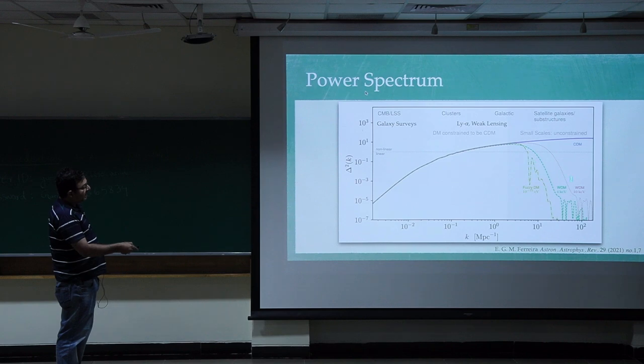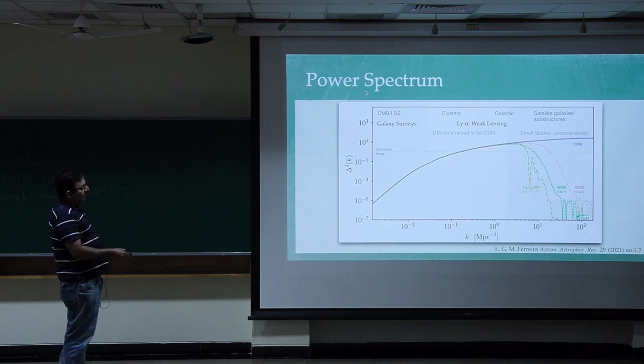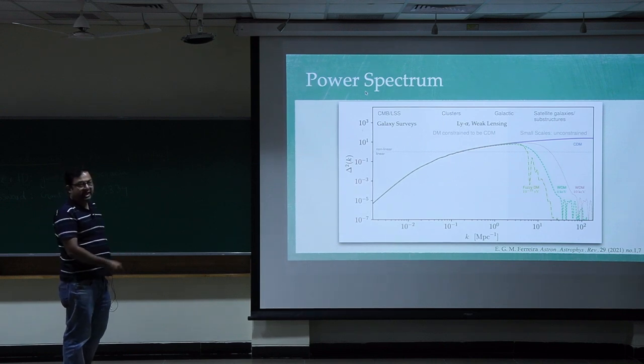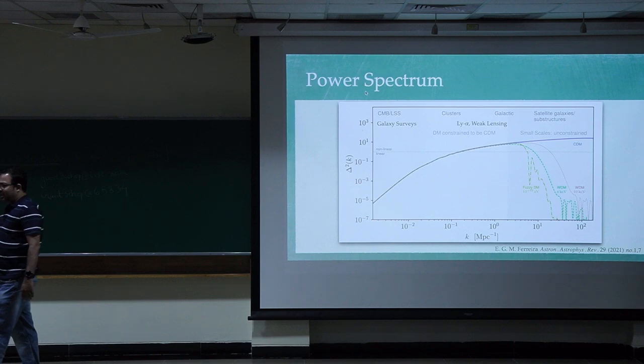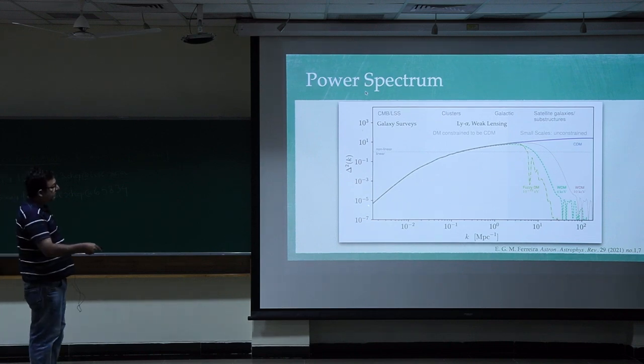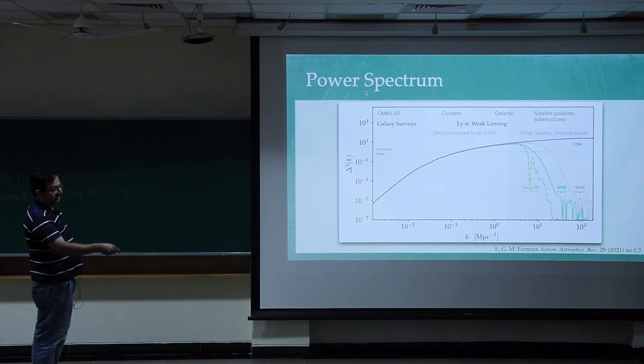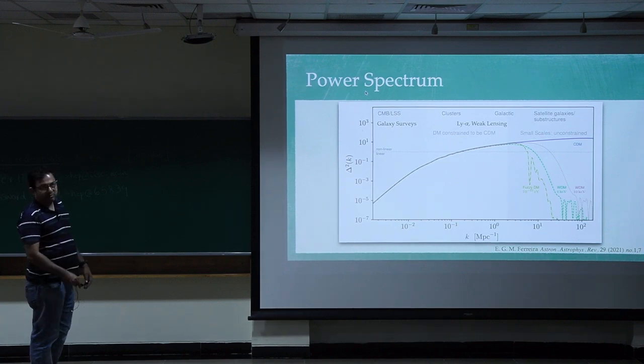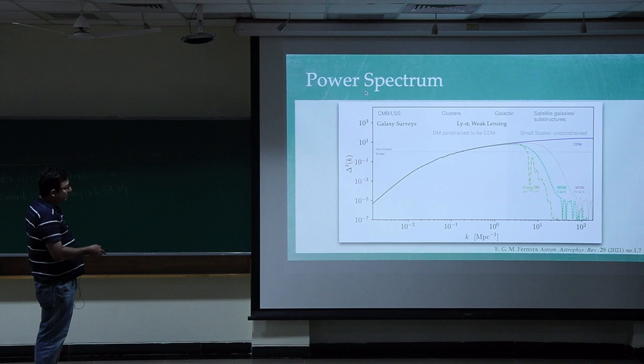So this is the scale where you can think of situations beyond cold dark matter. For example, warm dark matter, fuzzy dark matter, and all these things can produce some deviations of the power spectrum in this regime, and you can still survive most of the observations.